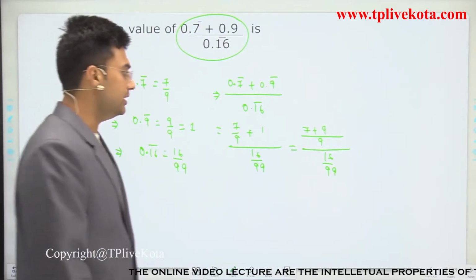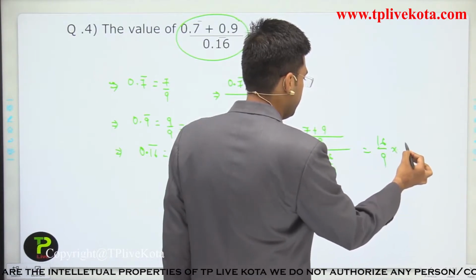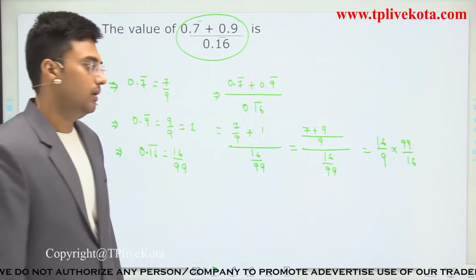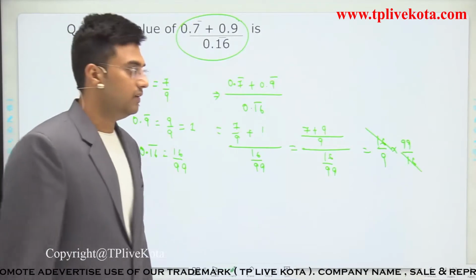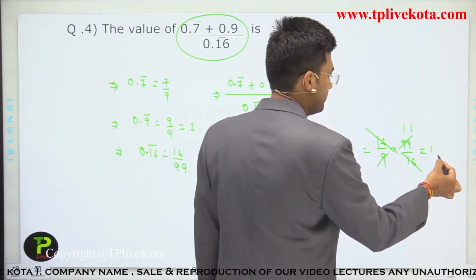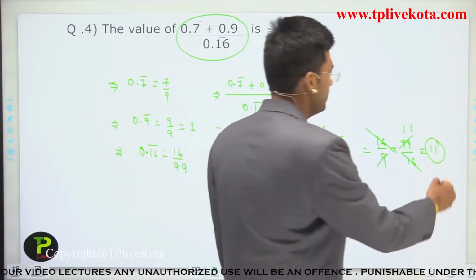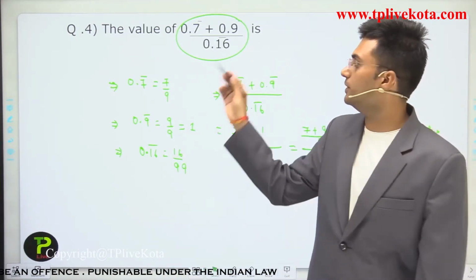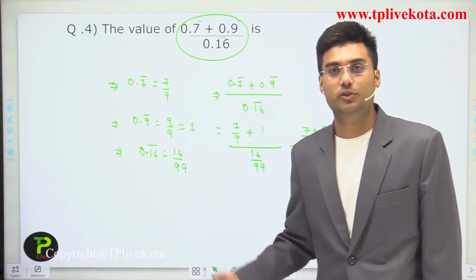Now when we solve this, what will we get? We will get 16 upon 9 multiplied by 99 upon 16. Okay. Now this 16 and 16 cancel out. Then what will we get? We will get 11. Okay. Now our final answer is 11. The answer for this expression is 11. Now after this question, let's move to the next question.